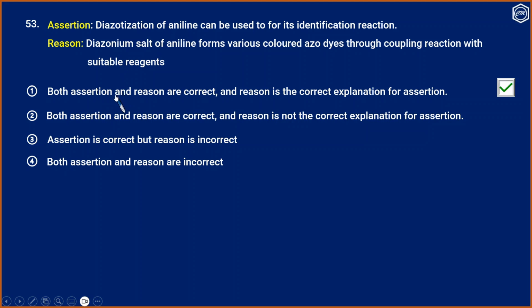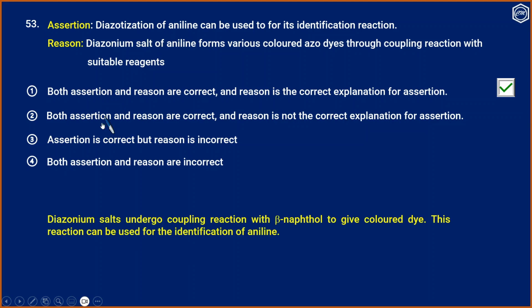So we choose option 1 and that is the correct answer. Diazonium salts undergo coupling reaction with beta naphthol to give colored dye. This reaction can be used for identification of aniline.